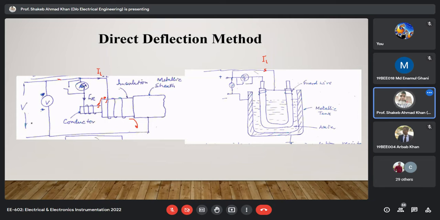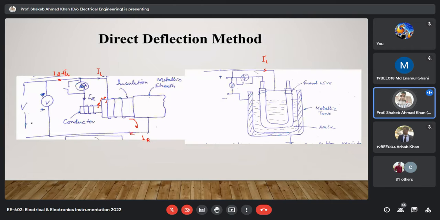Here we have leakage current as well as conduction current, and here also we have both. In between, the leakage current is bypassed through the guard circuit.